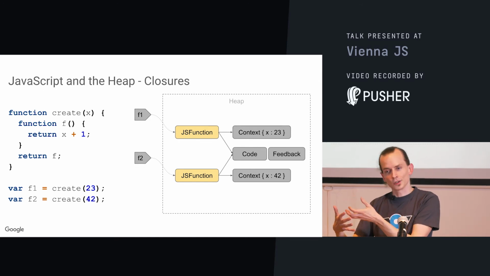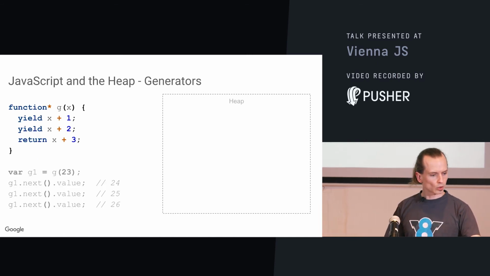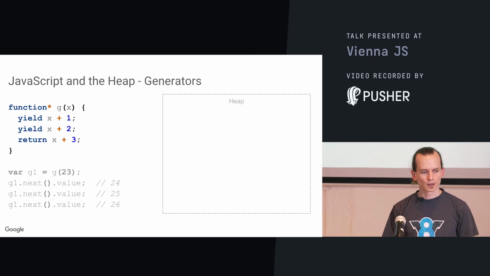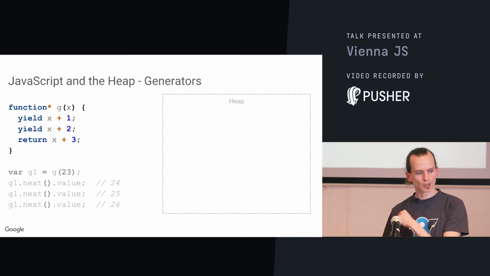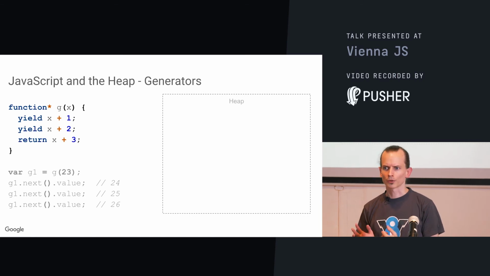And the execution state is kind of the same as this context that the closure binds. So let's finally look at an example with a generator. In this case, we have a generator with 2 yield points and 1 return. So that basically means it can produce 3 values, and after that it will just say, I'm done.